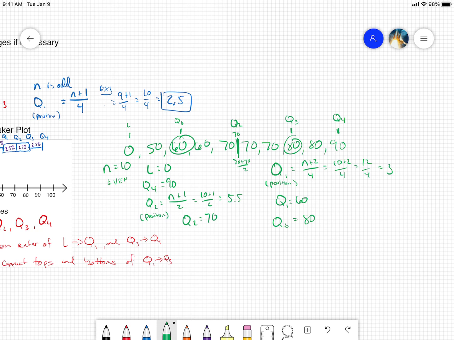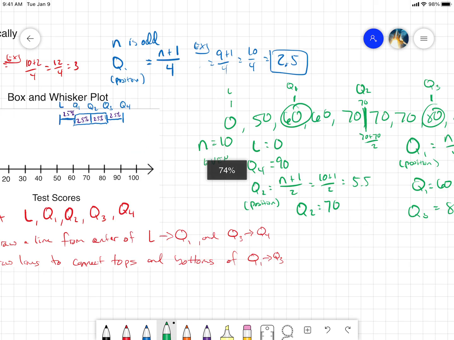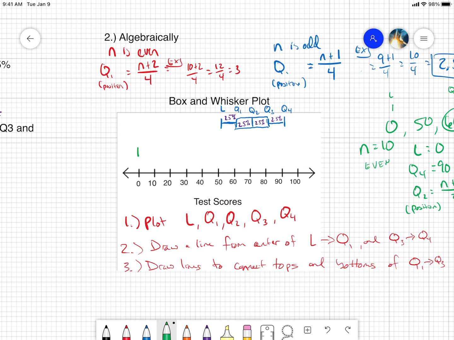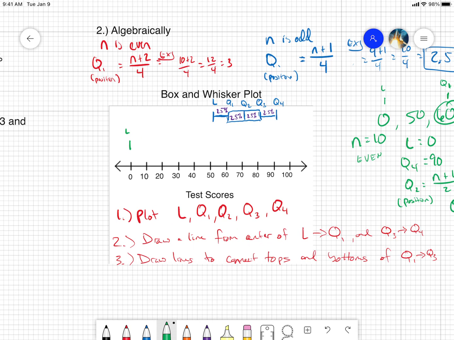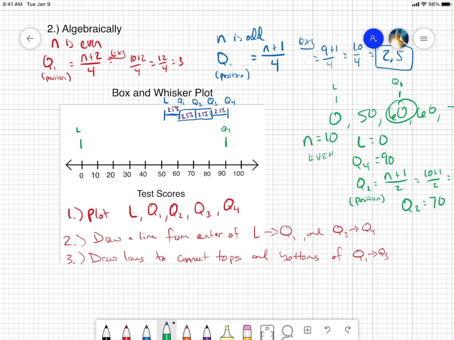I'm going to go ahead and plot them. So we had L, which is at 0. We had Q4, which is at 90. We had Q2, which is at 70.